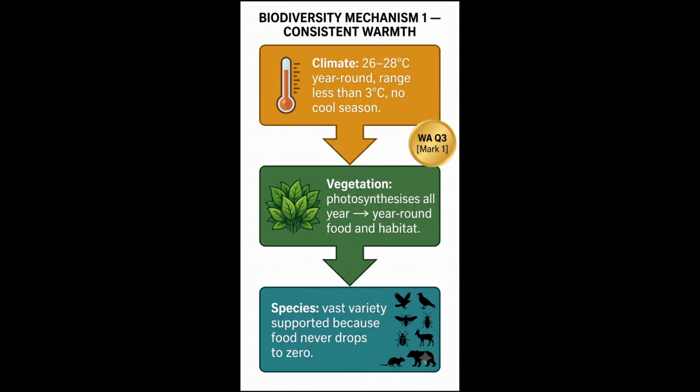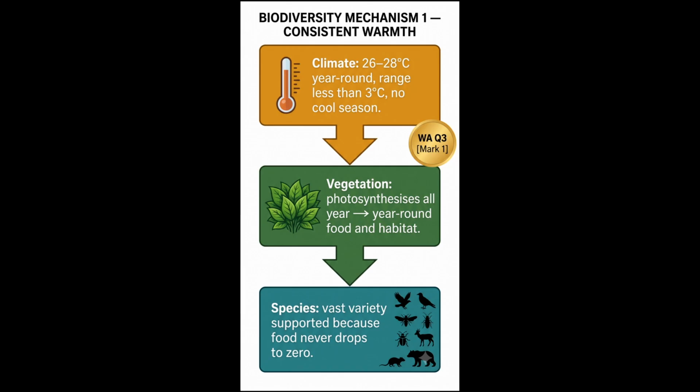Mechanism 1. Consistent warmth. The climate feature is this: average temperatures of 26 to 28 degrees Celsius with a range of less than 3 degrees. No cool season, ever. Now trace the mechanism. Because temperatures are consistently high, plants can photosynthesize and grow every single month of the year.